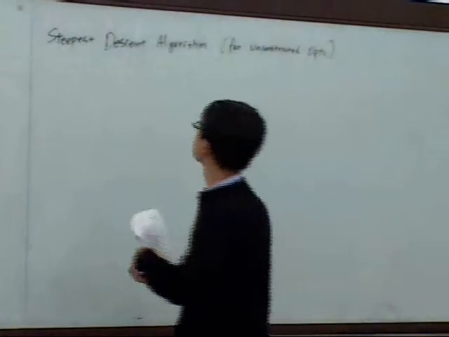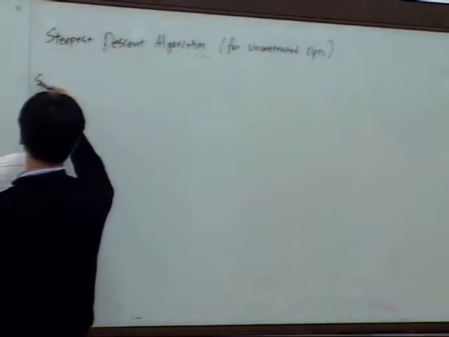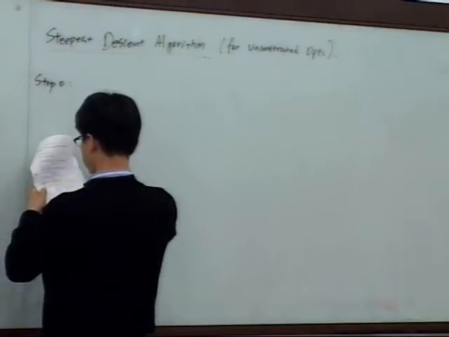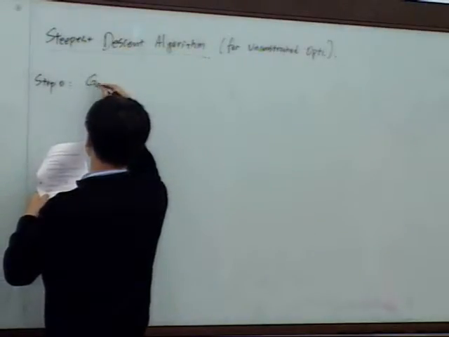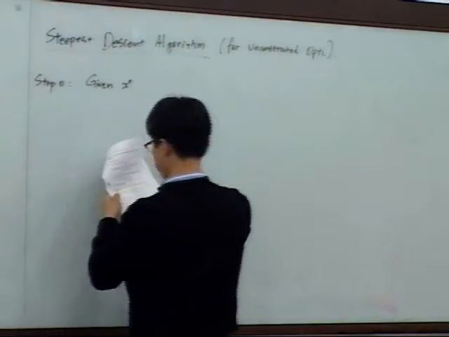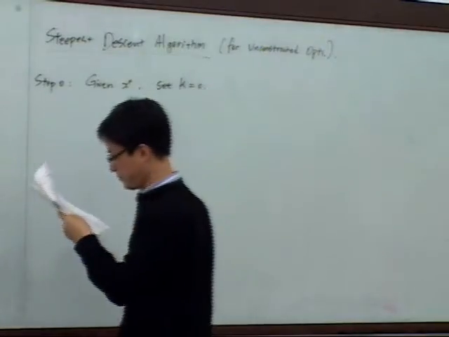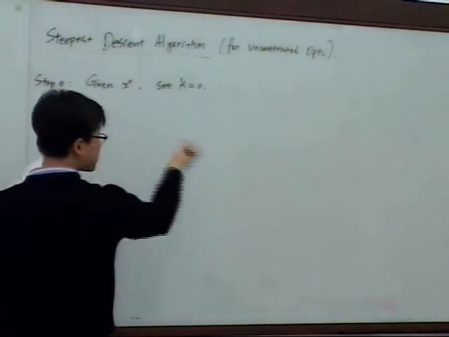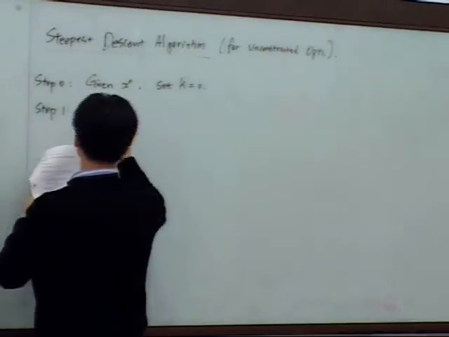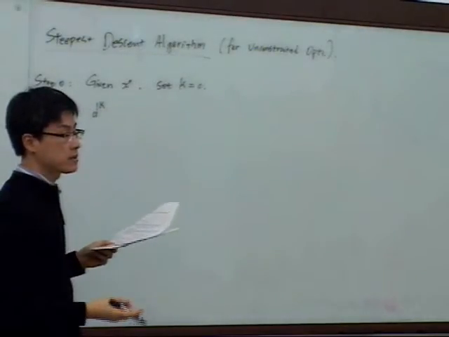Okay, let's do this algorithm. Step 0: given an initial point x0 and set k equal to 0. It's for the initialization. Step 1: find the steepest descent direction.